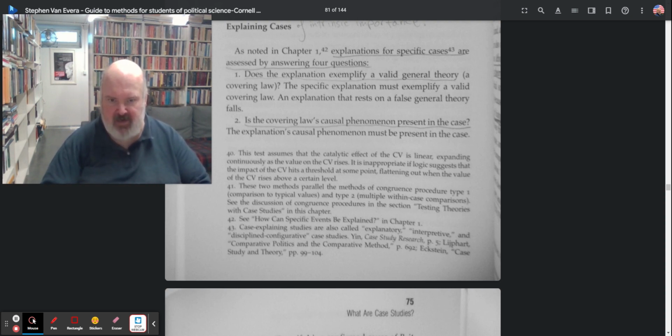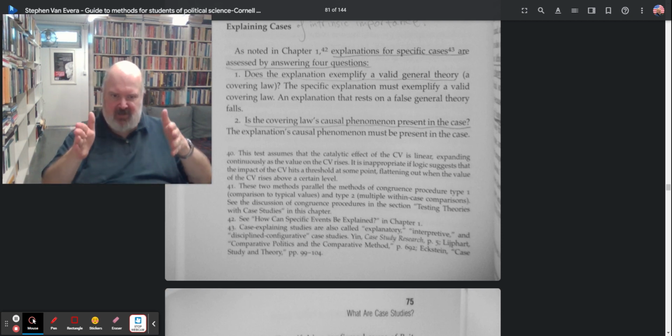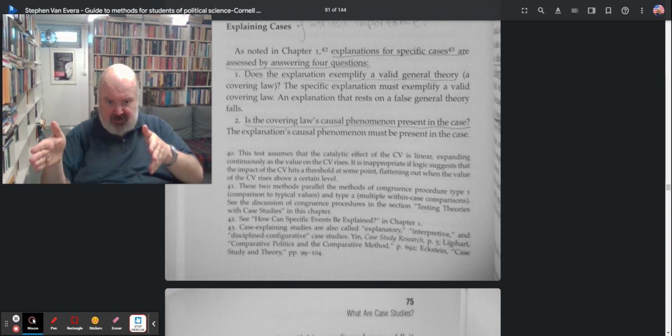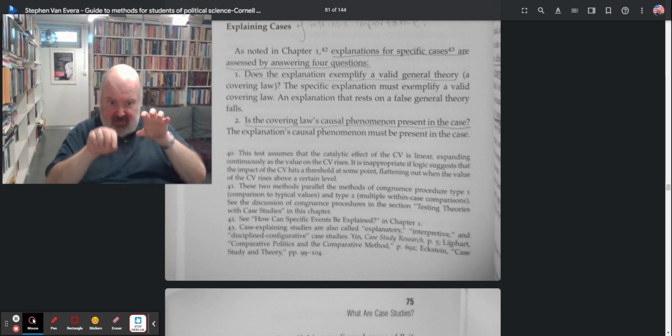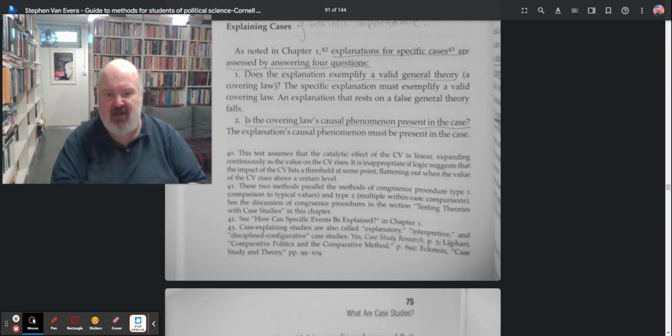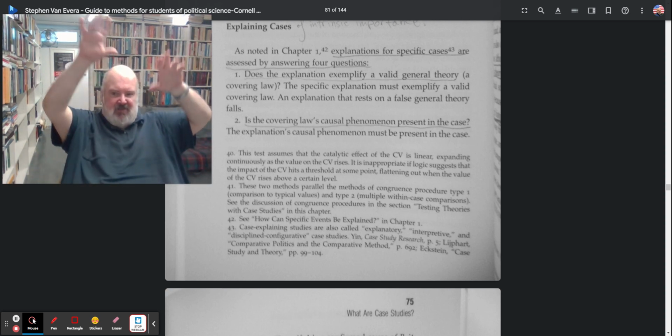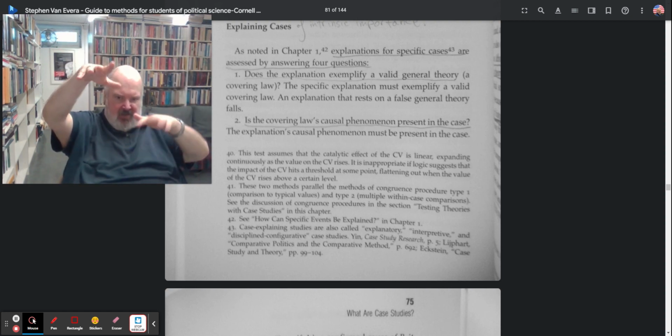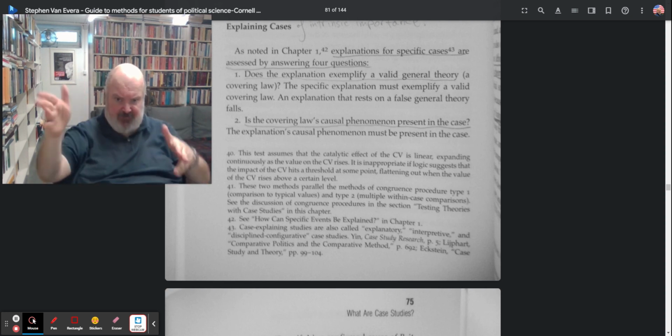In other words, does this exemplify a general theory or a covering law? An explanation that rests on a false general theory fails. So if the general theory is false, then the explanation fails. Okay, so that's the first principle.